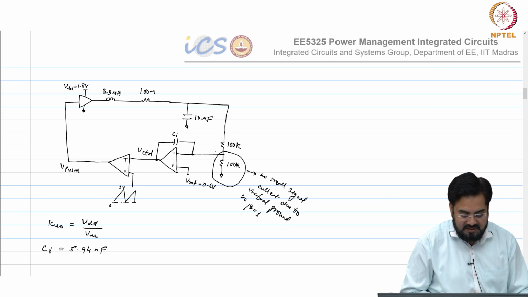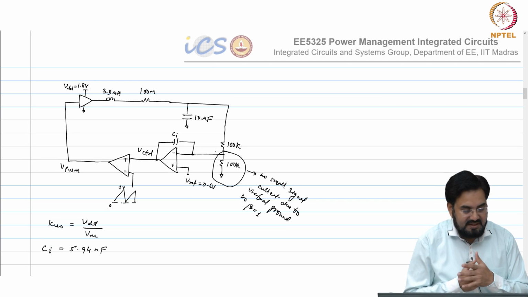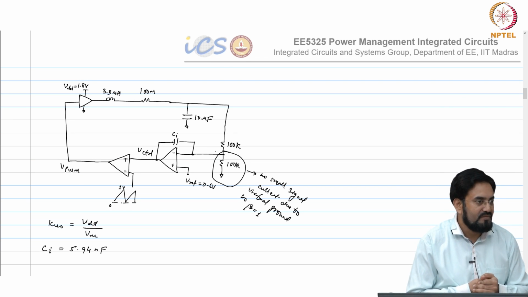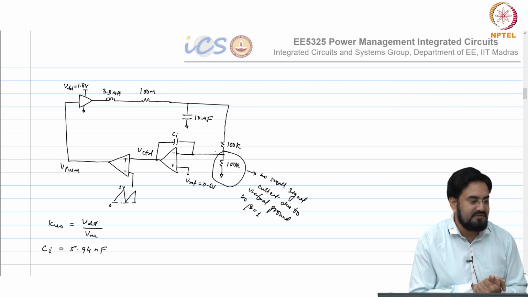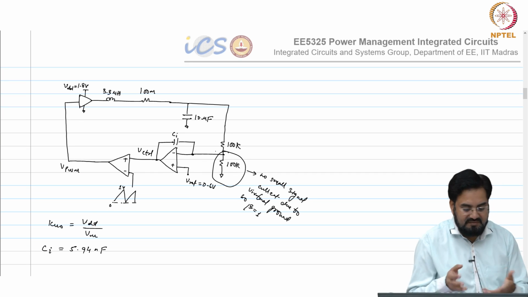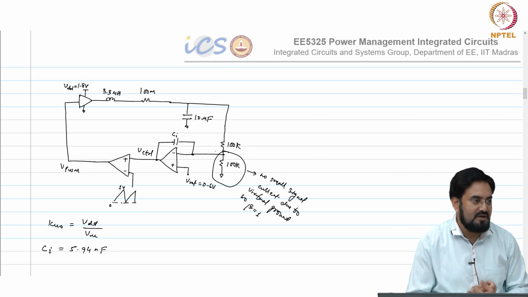Even in the layout and all those, we have to do it very carefully, because this is very sensitive, and any noise will get injected directly into your PWM, and it will get reflected on your output, especially if it is a low frequency noise, okay, everything will pass through your loop, and this LC will not be able to filter.